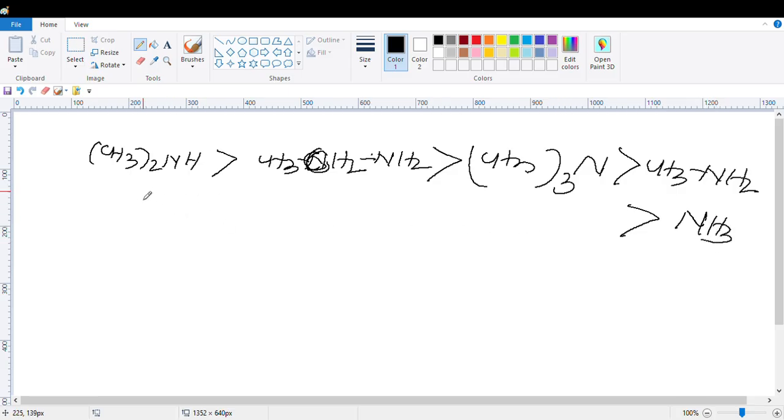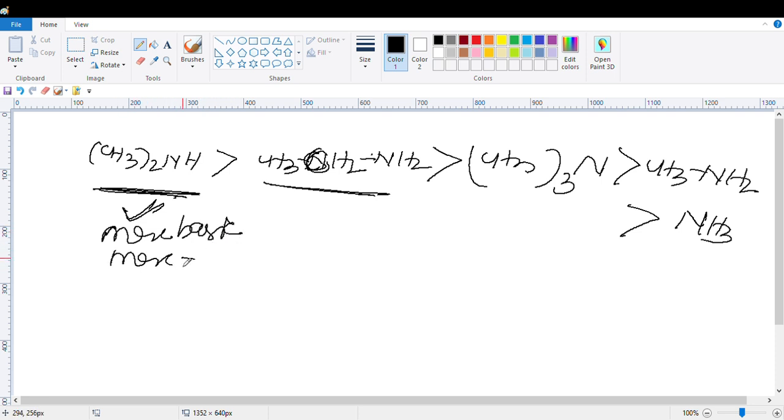So here when we compare ethylamine and dimethylamine, it is more basic because more plus I effect, less basic because less plus I effect.